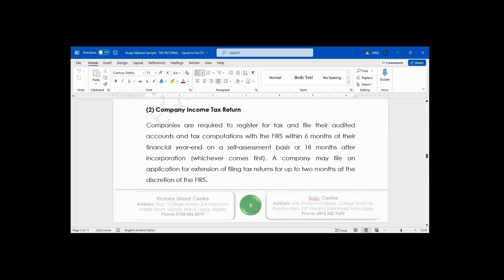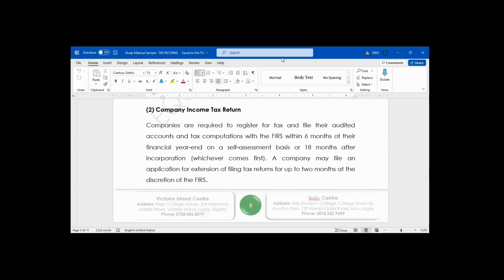How does a company file company income tax return? If a company wants to file company income tax return, they will submit their audited financial statement and the computation of their company income tax and capital allowance. A new company will file company income tax return within 18 months from the date of commencement of business, or 6 months after the end of the first accounting year.